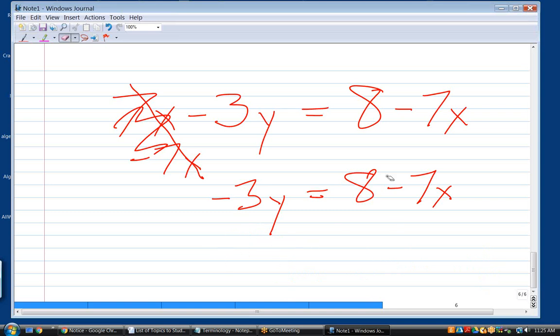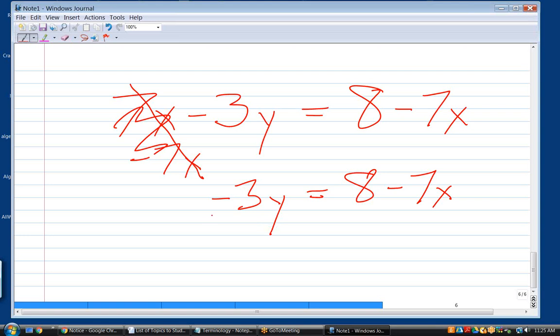What's the rule? We take whatever it is we want to get rid of. What is it doing right now? It's multiplying. In other words, what this expression says is that we're taking y and multiplying it by minus 3. So if it's a multiplier, what do we want to do to get rid of it?